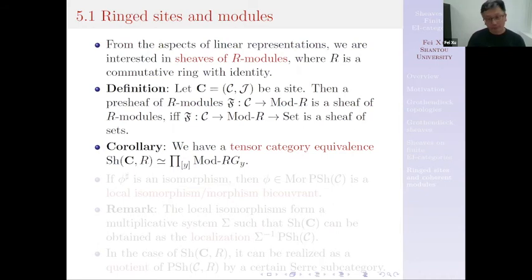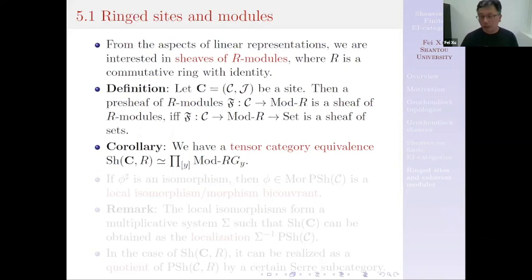of module categories over various group algebras. And moreover, because now we are working with linear representations, we can verify that this equivalence is compatible with the tensor product on both sides.